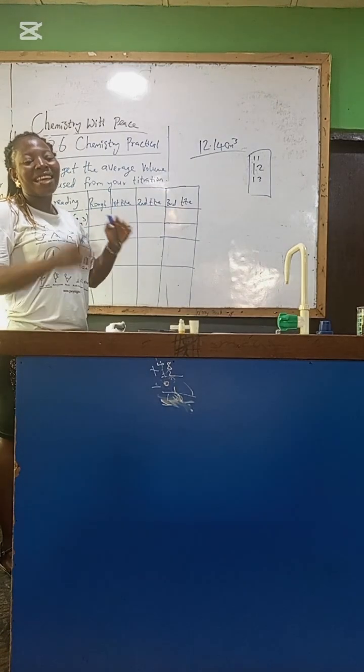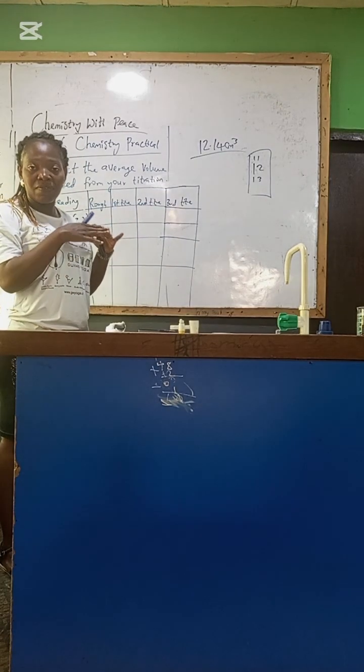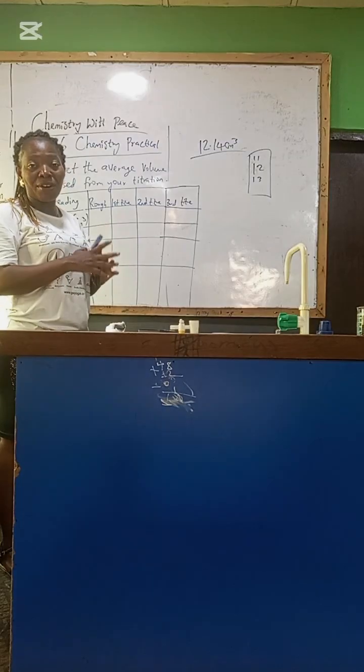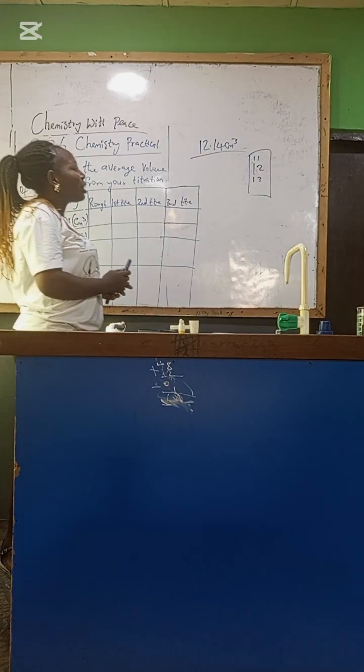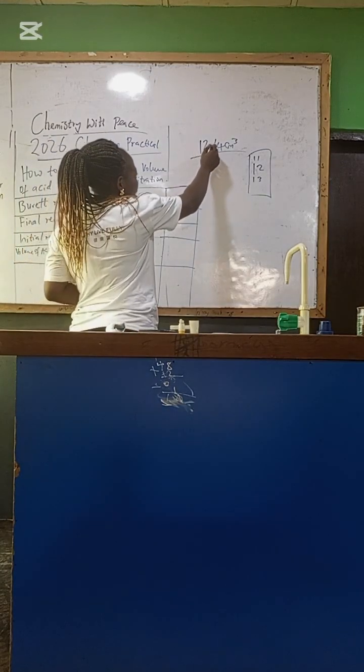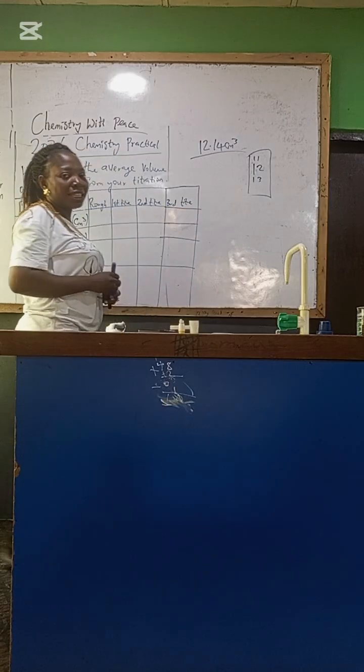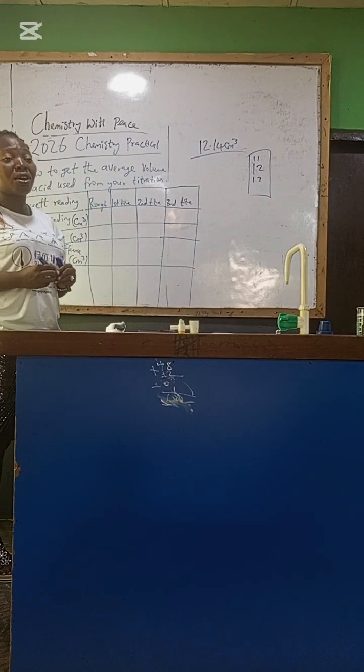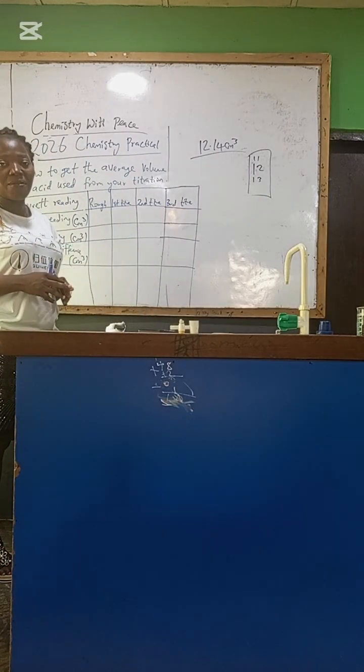Anyone you are picking, make sure you get a concordant value. I will explain the meaning of concordant values. Considering 12.14, that 12.14 is the average titer value.